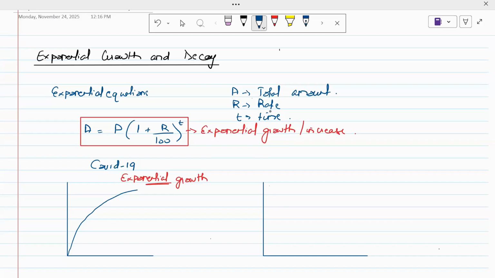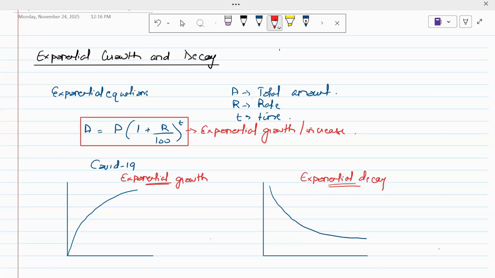So something starts falling at a very high rate. And this phase occurred after the introduction of the vaccine in the market. So that you can consider as a case of exponential decay. So this is one example from the real world scenario where you can see the case of exponential equations involved.